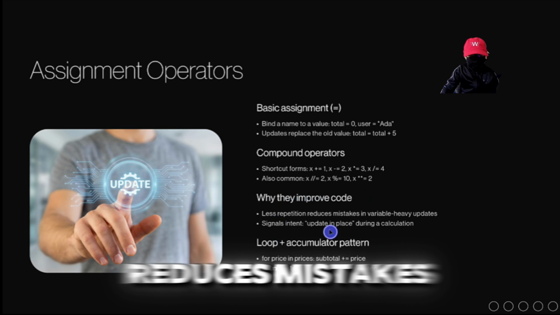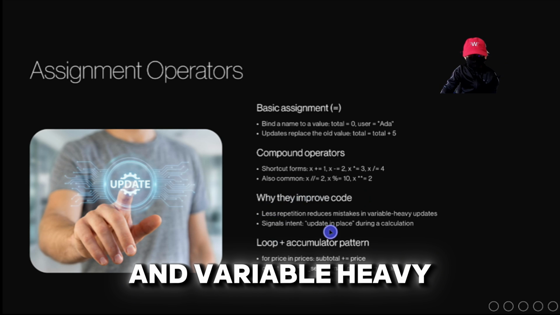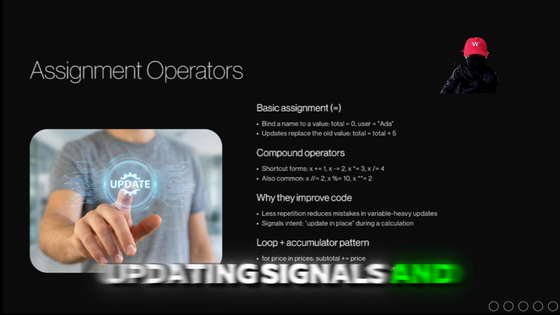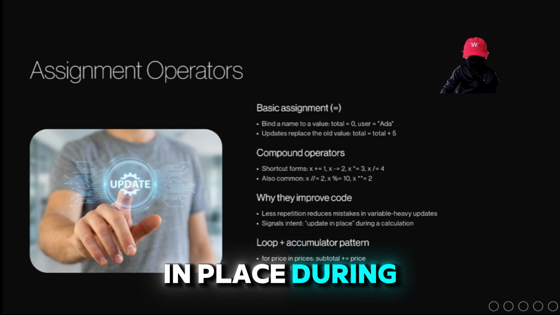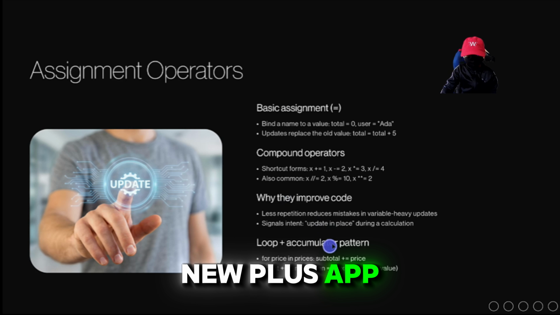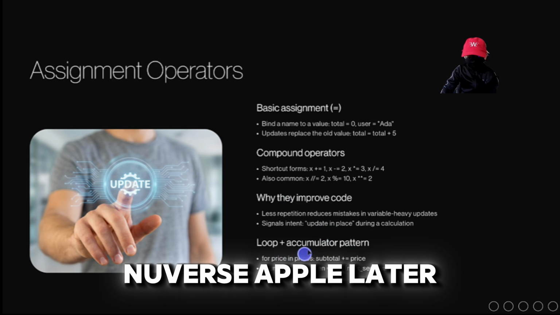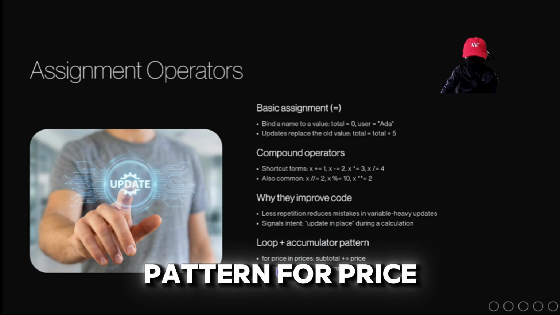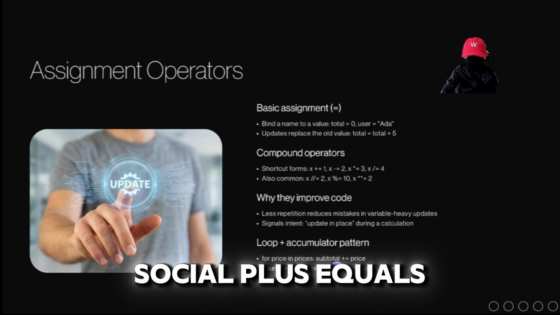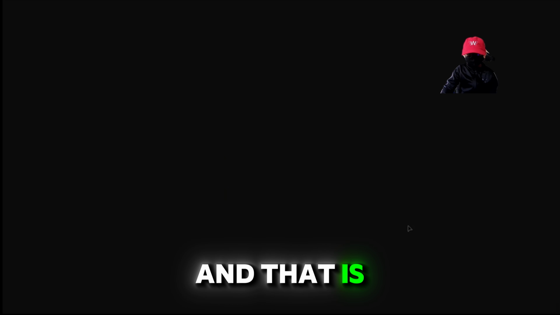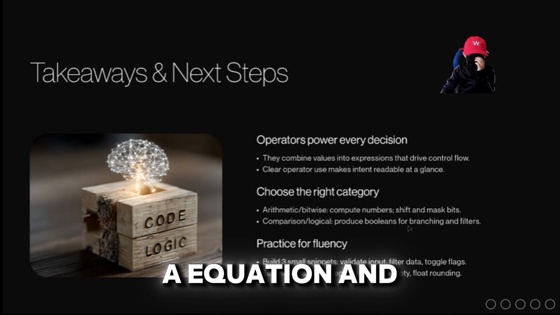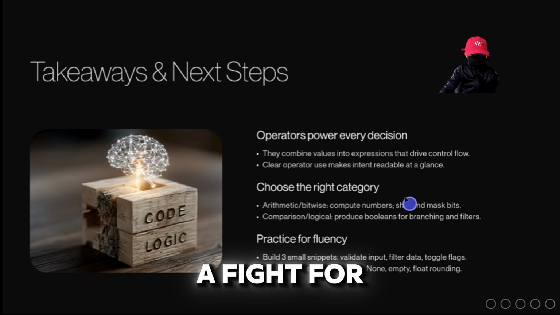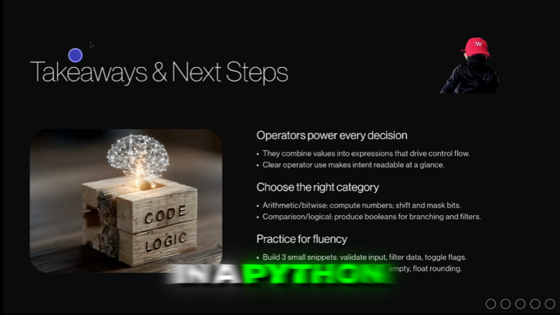Less repetition reduces mistakes in variable-heavy updates, and signals an instant update in place during a calculation. Loop plus accumulator pattern: for price in prices, subtotal plus equals price. And that is an equation in a Python program.